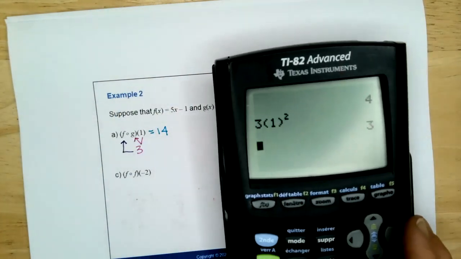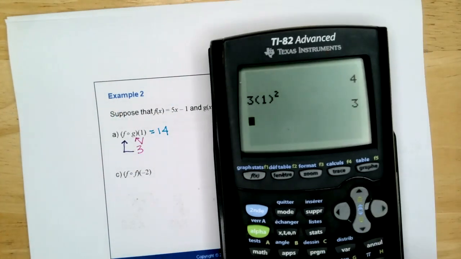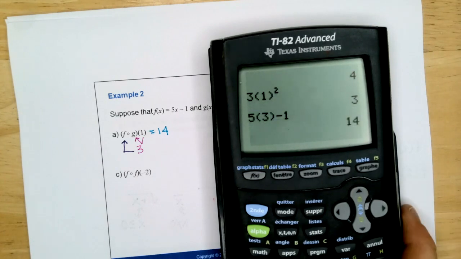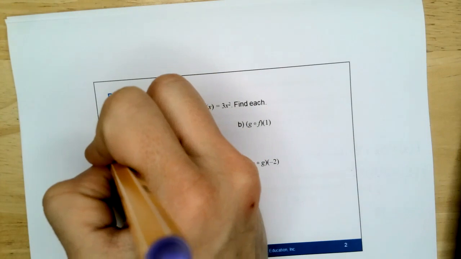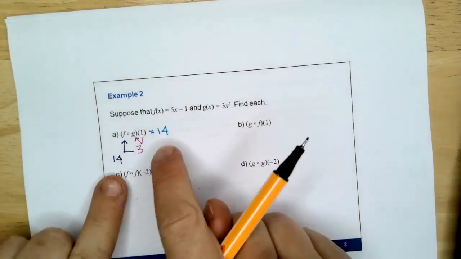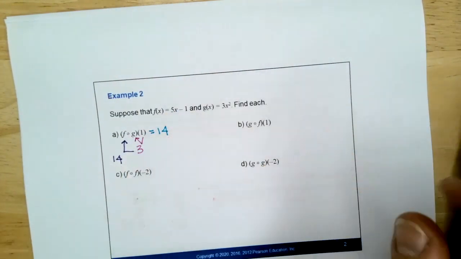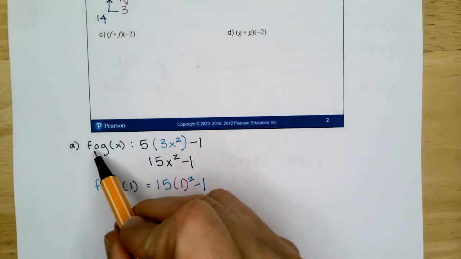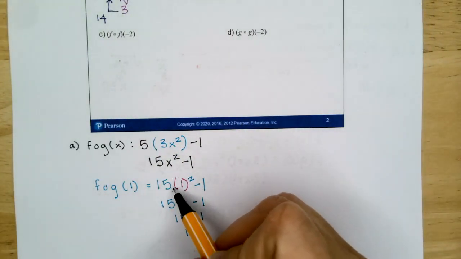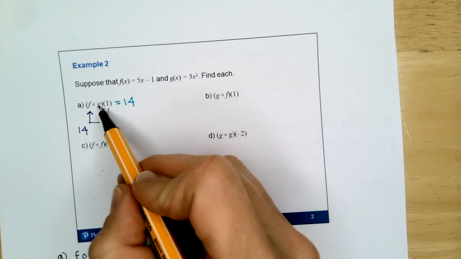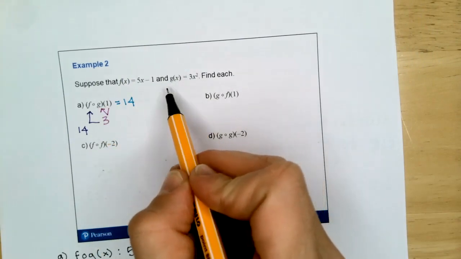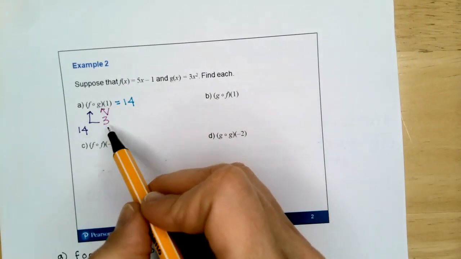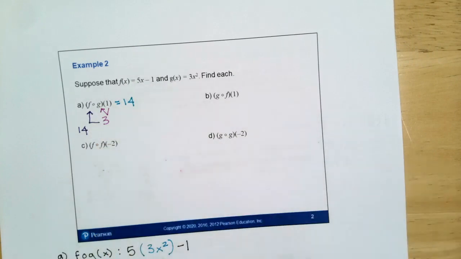Okay? F of x is 5 times x minus 1, so that's 5 times 3 minus 1 is 14. Either way, you get the same answer. Okay, so you can either find f of g of x and then substitute in the 1, or you can say what is g of 1, and then the answer to g of 1 substitute into f of x.